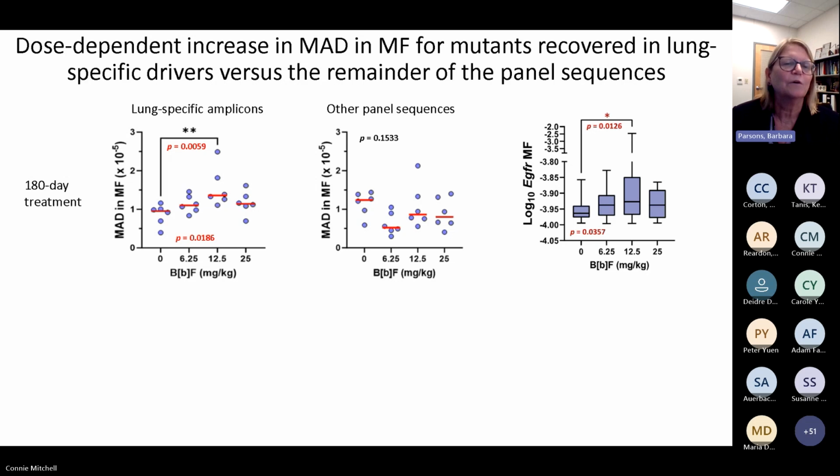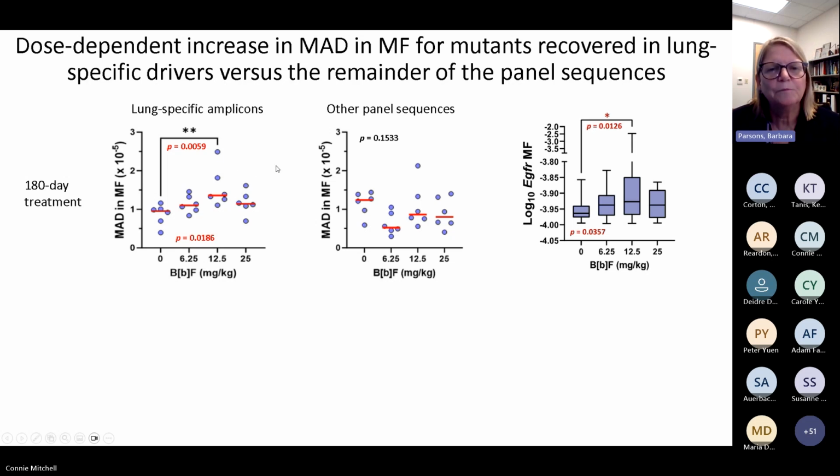And what you see is that when we calculate MAD in mutant fraction from what we believe are the lung-specific amplicons and drivers, we see a dose-dependent increase in MAD in mutant fraction with BBF. It goes up to 12.5 and then down at 25. And there was a significant pairwise comparison between the control and 12.5 mg per kg dose.